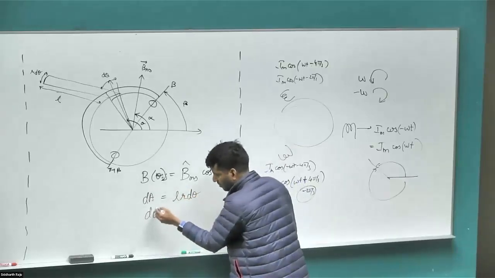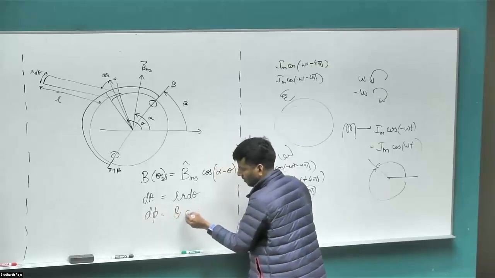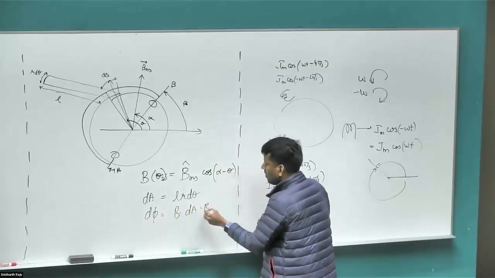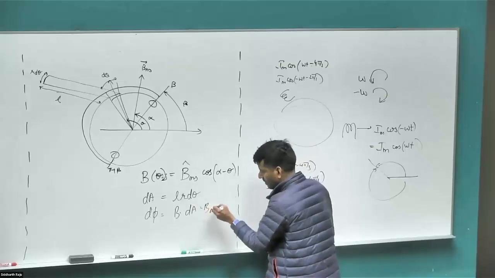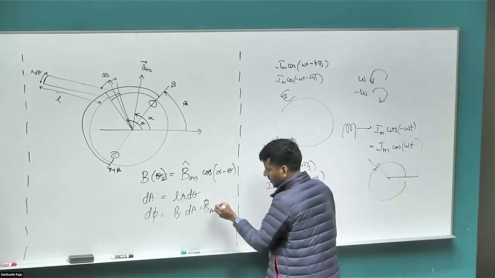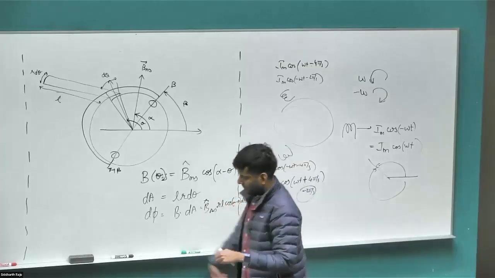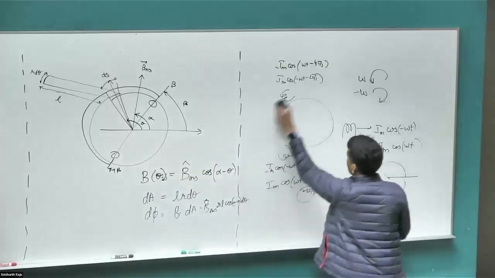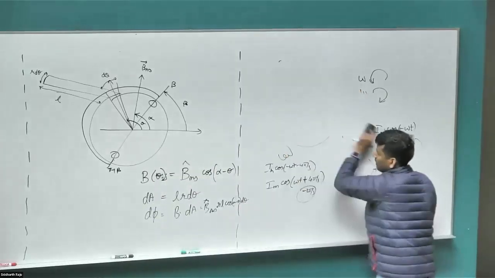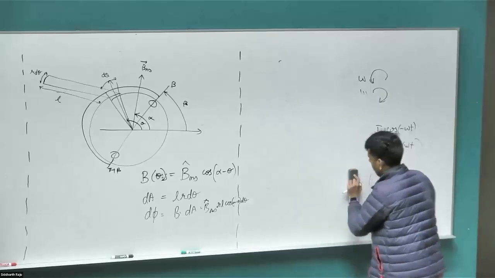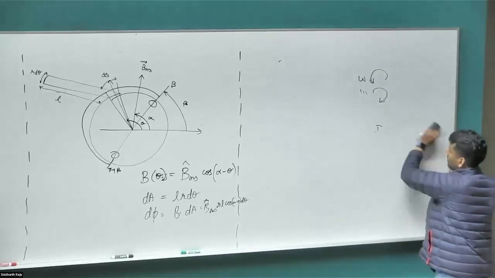The incremental flux through the surface is just going to be B times the cross-sectional area dA. So we have BMS magnitude R times L times cos of alpha minus theta d theta. And all we have to do is figure out the total flux starting from angle beta to pi plus beta.